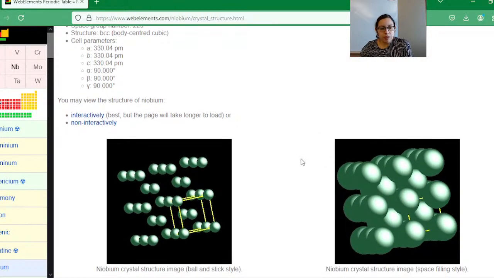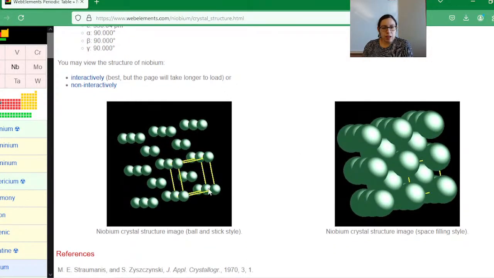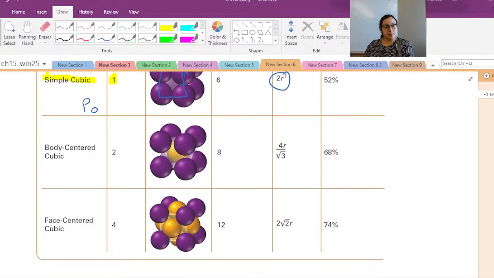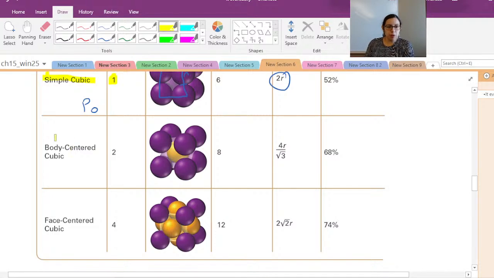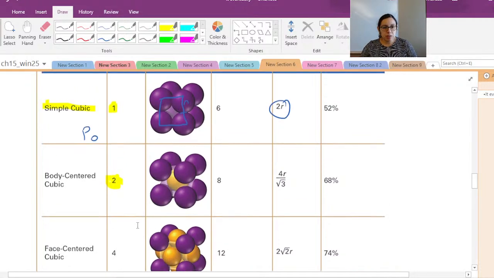And so we can kind of see from this picture, again, our niobiums. Let's go back to this representation here. Of course, you want to point out that body-centered cubic has 2 atoms in there. Again, that will be important potentially for later calculations. This one tries to show maybe 2 different atoms.